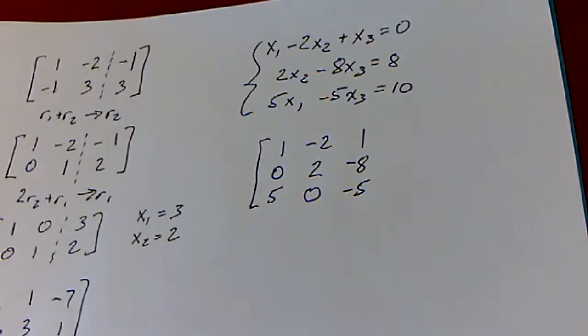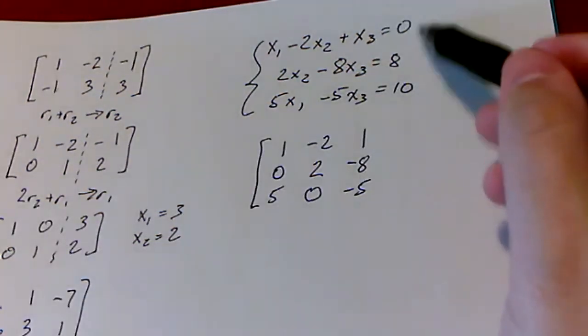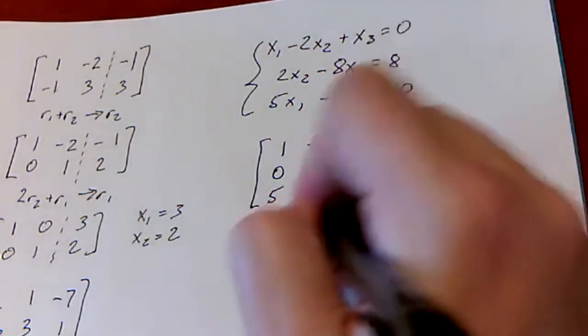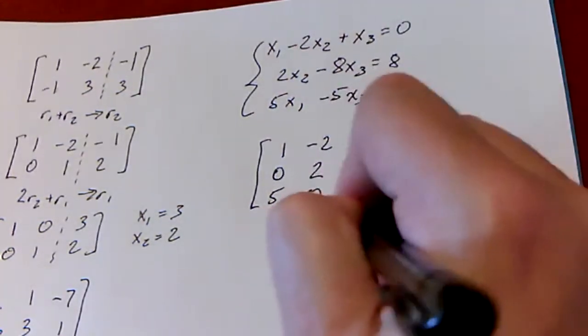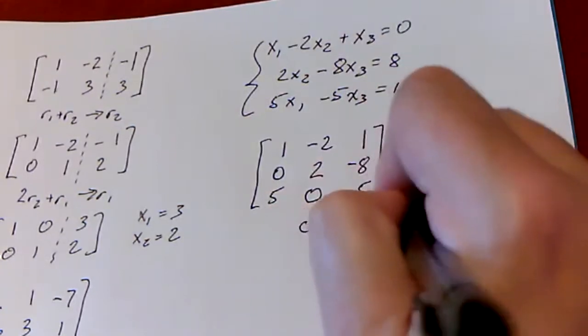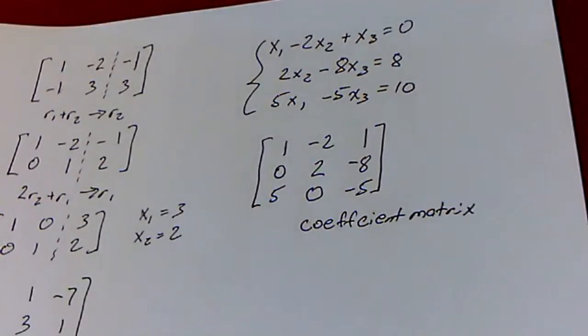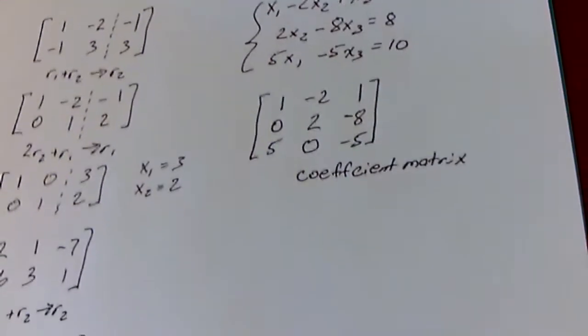Okay, now there are 2 different types of matrices we're going to talk about. Notice I haven't written this equal sign column down yet. First we're going to talk about the coefficient matrix. The coefficient matrix just uses the coefficients of the variables.